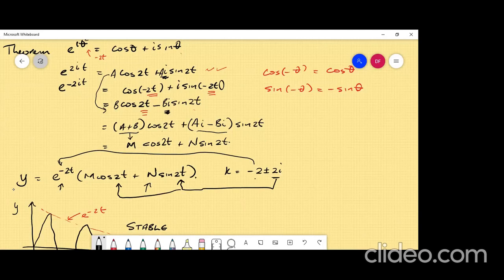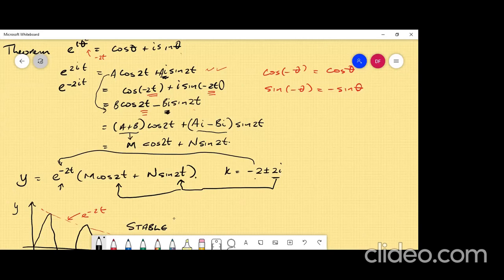So in maths class, they just tell us to write down the solution straight off the bat: e to the minus 2t, M cos 2t plus N sine 2t. So that is the solution from that equation up there when you have these roots.